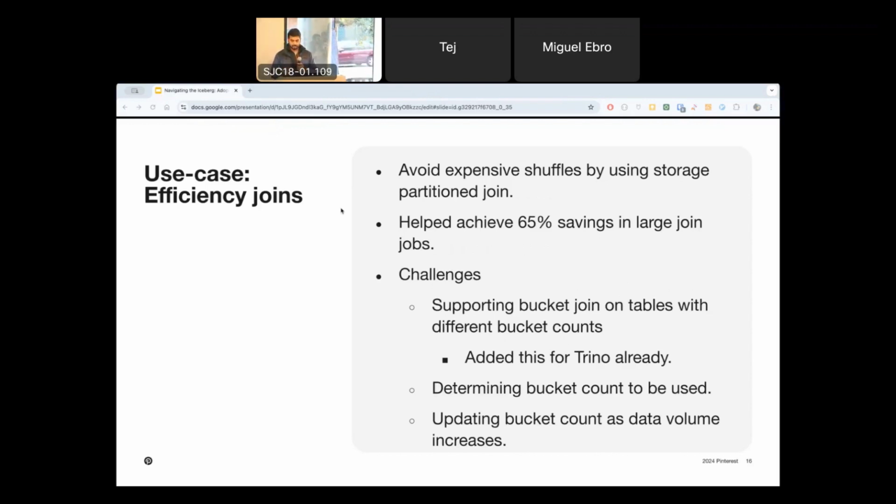But with storage partition joins, also referred to as bucket joins, we are able to make it easy for our users to adopt them. And with that, we have seen some of the very large use cases at Pinterest see up to 65% improvement, just because they can remove the shuffles completely, which tend to be very expensive.